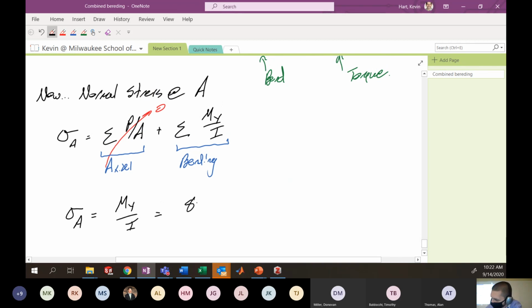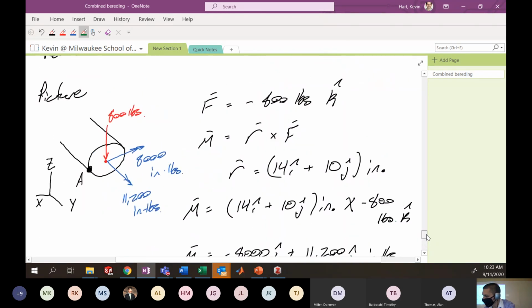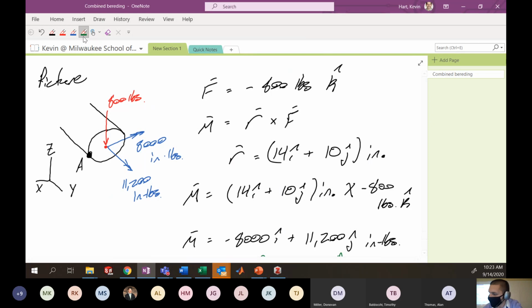We can plug that in straight away. Now this next term, this y term, is the distance from the neutral axis to the point of interest. In this particular situation, it's not y, it's actually z.